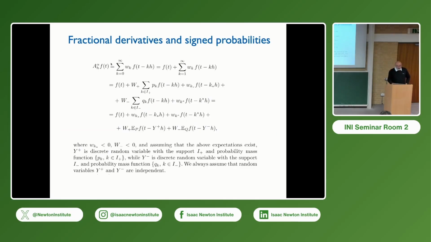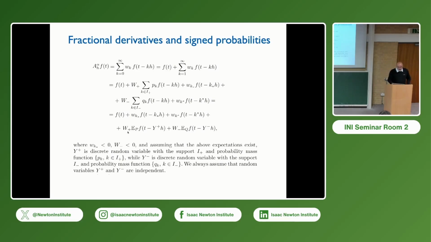With that idea, we take the Grunwald-Letnikov approximation and split it into several parts. One of the parts is the function and something that is related to the finite number of those different signs.